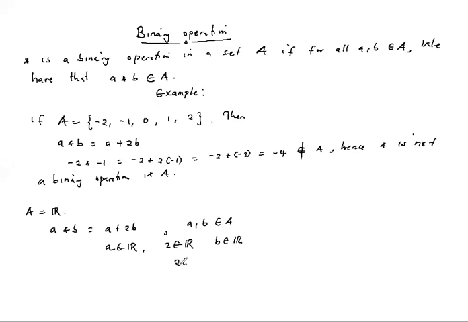So the product of 2 and b is a real number. So when I say a plus 2b, the sum of two real numbers is a real number. So we'll say star is binary in R, and R in this case is just A. So star is binary in A. So once I add two elements of a certain set and I get an element in the same set, then I know that the operation that I'm using is a binary operation in that set.